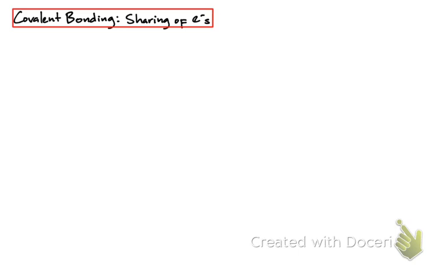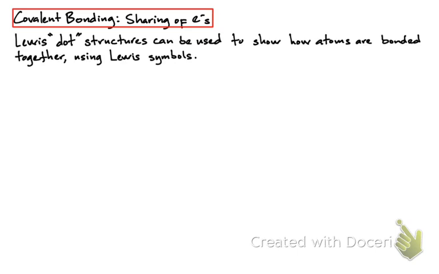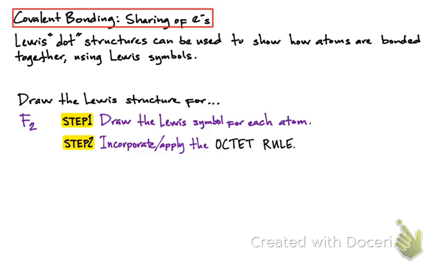Lewis dot structures can be used to show how atoms bond covalently to form molecules. In one of the previous chapters, you learned how to draw the Lewis structures for diatomic molecules such as fluorine gas, oxygen gas, and nitrogen gas. The first step is to draw the Lewis symbols for each atom in the molecule, as shown.